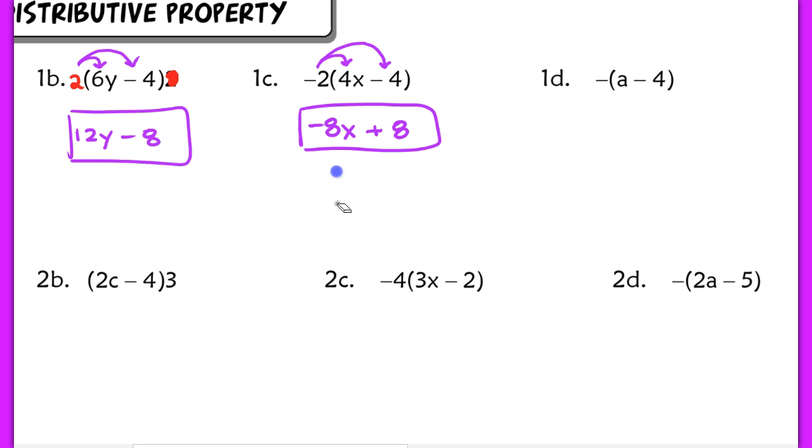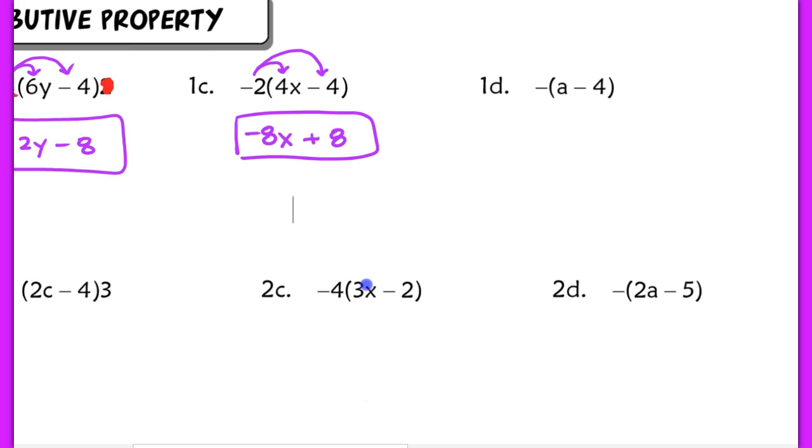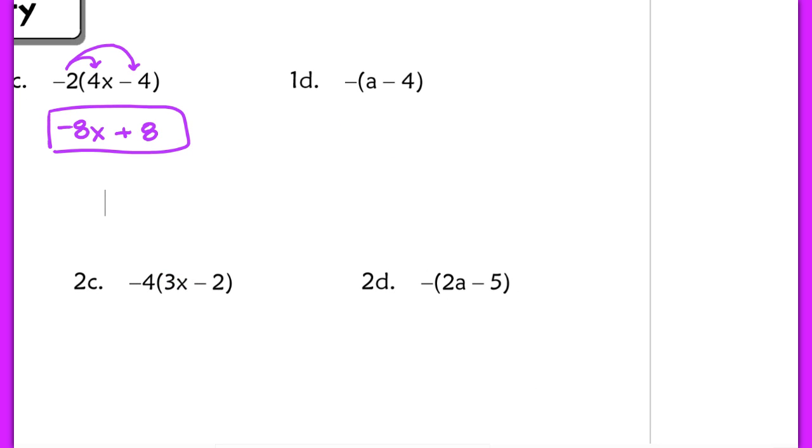So make sure that you don't make that mistake in the next question that you're going to try on your own. Alright, in 1D, this kind of confuses students too sometimes because they see this negative sign and they don't know what to do with it. Well, think of this as a negative 1. So whenever you see a negative sign outside of parentheses, it's really like having a negative 1. If we distribute that number, 1 times a doesn't change the value of a, but the negative will make that now negative a.